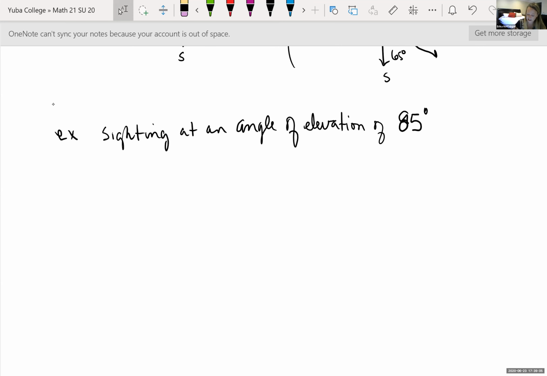So for angle of elevation, you always start at the horizontal, and then it's going 85 degrees. So 85 degrees is almost 90. Elevation is upwards.